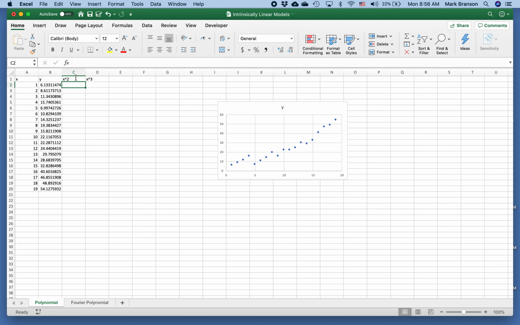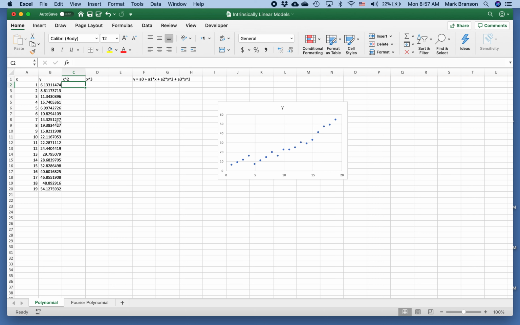So the polynomial is going to look like y equals a0 plus a1 times x plus a2 times x squared plus a3 times x cubed. And we want to know what that a0, a1, a2, and a3 are. Really, that's what we're interested in.